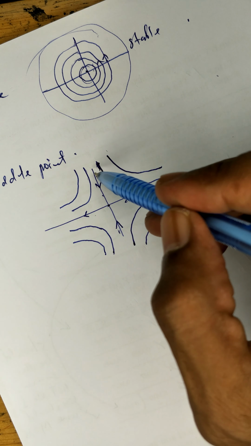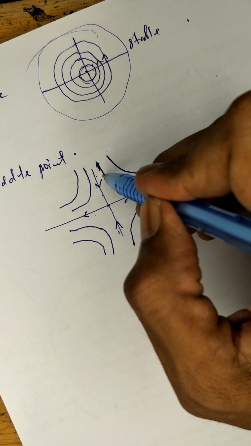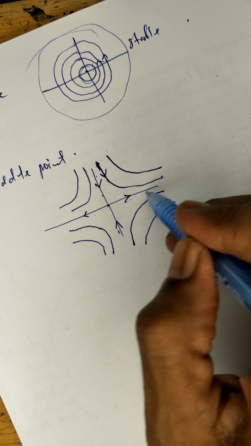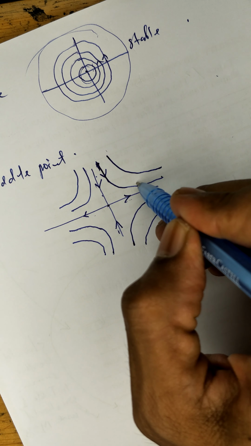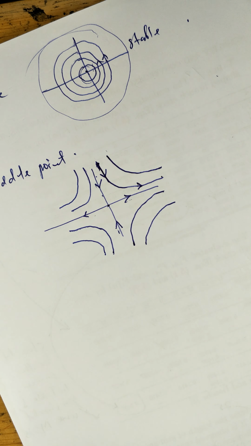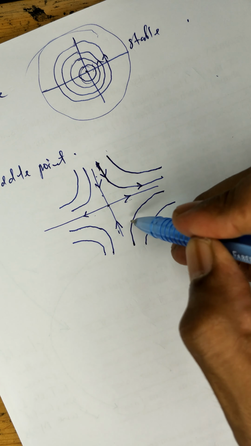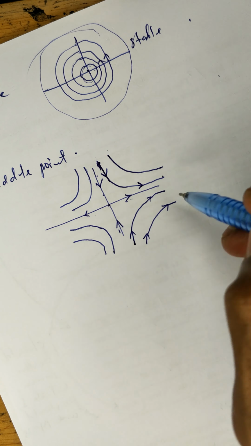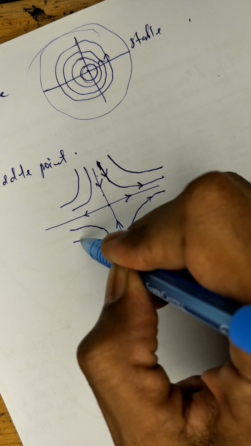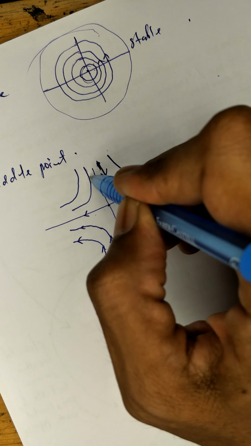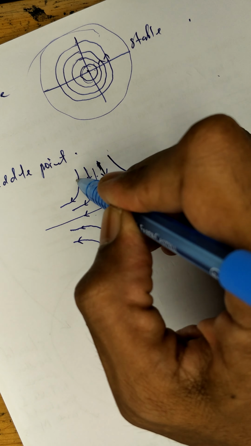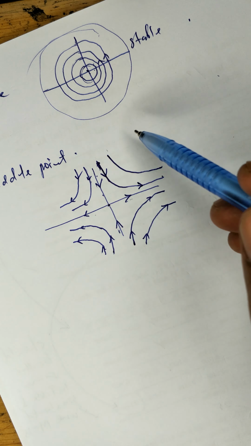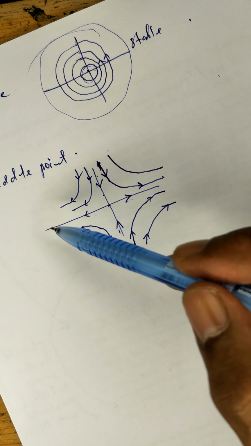The direction along the y-axis is toward 0, but along the x-axis it is away from 0, going to infinity. So the same thing with this one and that one. Look at the arrows, they must be in the same direction. So this we call a saddle point.